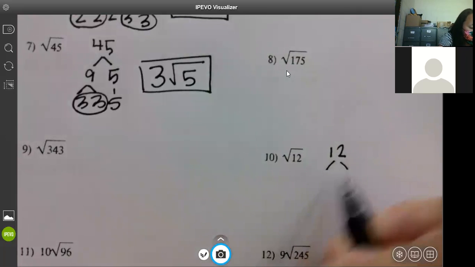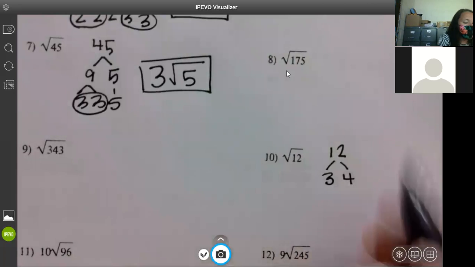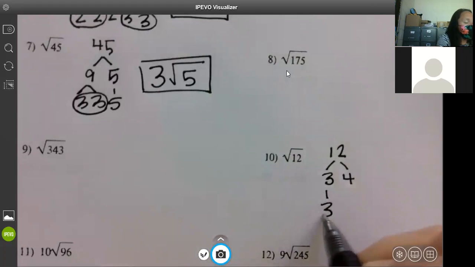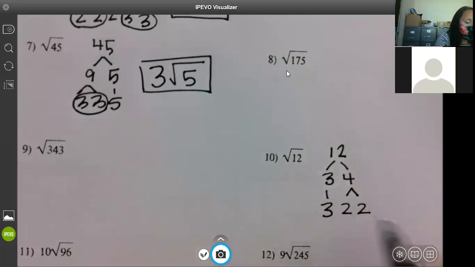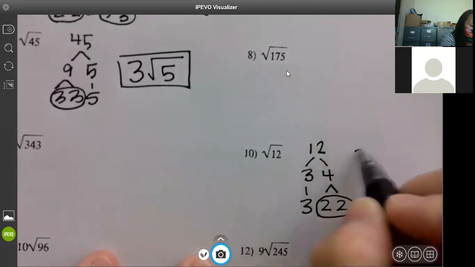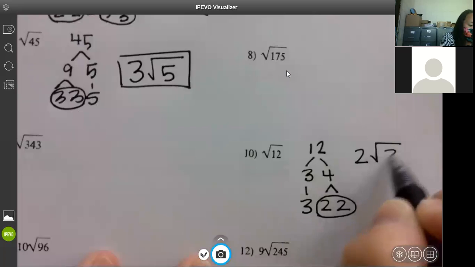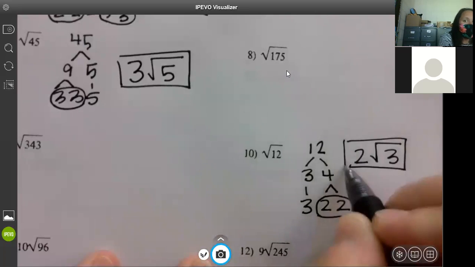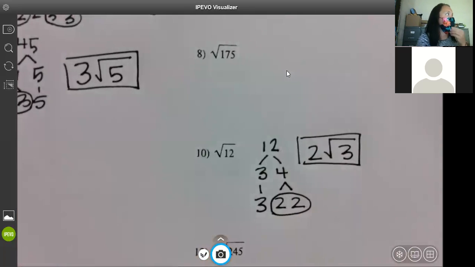Perfect. 3 will not break down, so we're just going to pull it down. Arlen, 4 breaks into 2 and 2. We have pairs of 2, which we pull out, and we left 3 on the inside. That's it, guys. That's all you do.